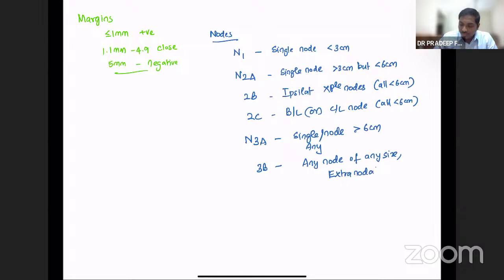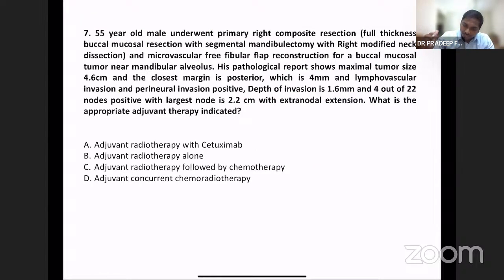That means microscopically, when there is tumor growth outside the node: the tumor enters the lymph node through the lymphatic channel. Inside the lymphatic channel, initially it forms a metastatic deposit. Later, it grows out of the capsule of the node, that is called extranodal extension. That is N3B. Right? So with this, we will answer this question.